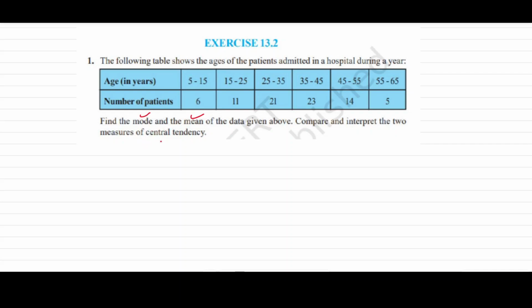That means we should find out the mode and mean, and we will have to compare and interpret the two measures of central tendency. First we will try to find out the mean, then we will find out the mode.